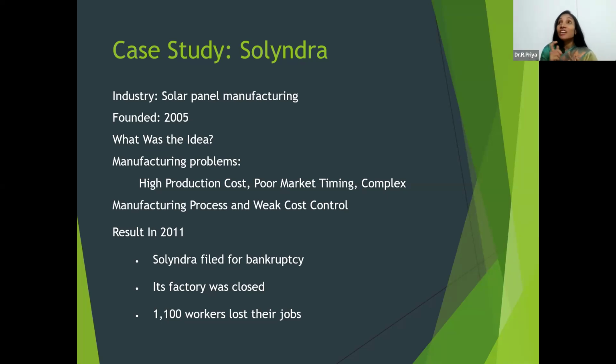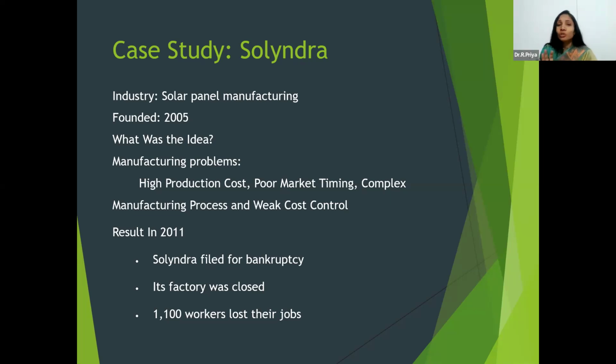The fourth one is weak cost control. The company focused on innovation but ignored manufacturing efficiency. As a result, in 2011 the company was closed. In only 6 years, the company was entirely closed, because Solandra filed for bankruptcy.